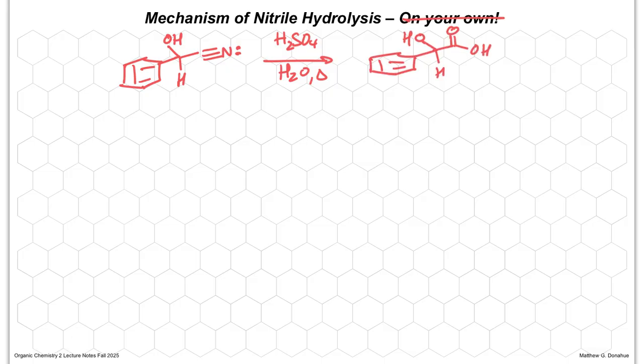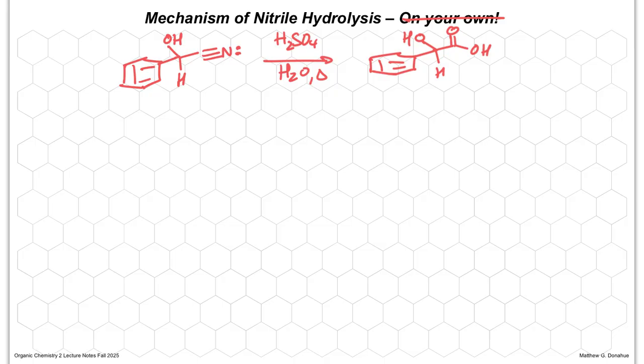So even though I say on your own, I think it's important I'll walk you through this so that you understand the importance of proton transfers and, in consideration of the pH of the medium. So we're under acidic conditions, meaning that we can only have intermediates that are neutral or positively charged.